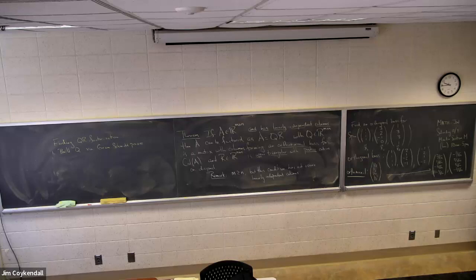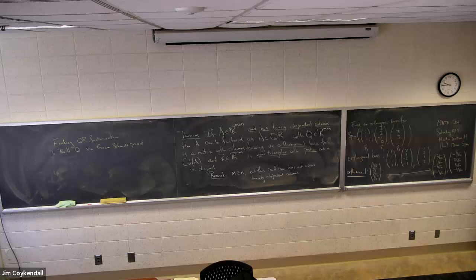Would you need to find the column space of A first, or can you just check if all the columns are independent? That's why we said the concept of linearly independent. The column space is generated by the columns. There could be a zillion columns that span it.